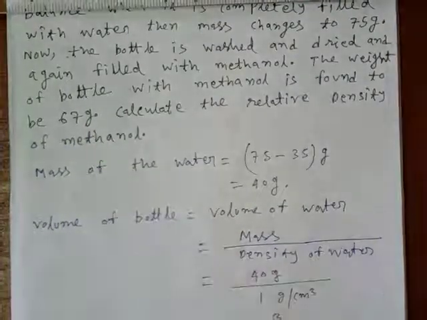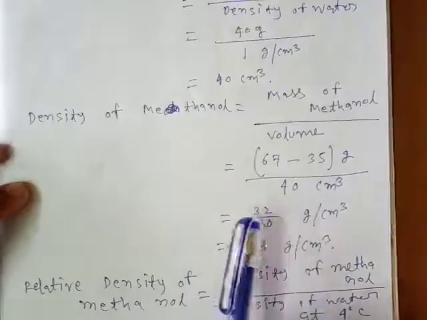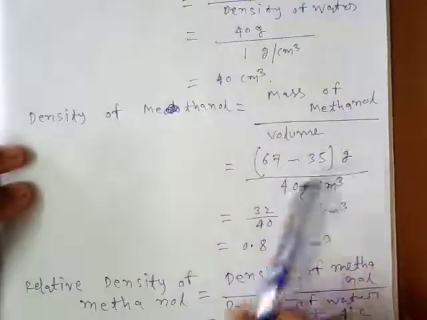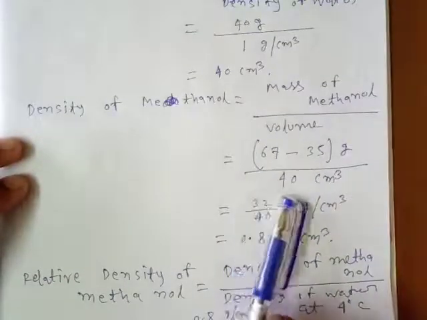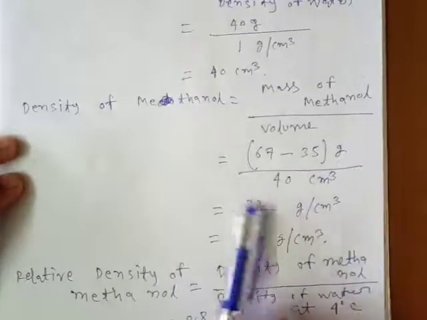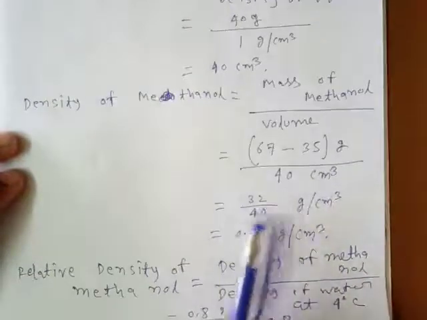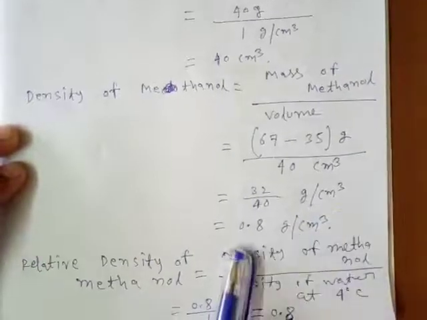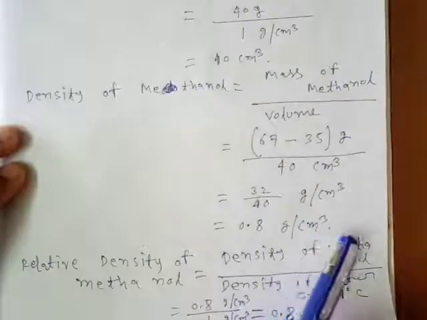So obviously the mass of methanol is 67 minus 35 gram, which is equal to 32 gram. Now volume of that methanol is equal to volume of that specific gravity bottle, which is 40 centimeter cube. So 32 by 40 gram per centimeter cube is 0.8 gram per centimeter cube.